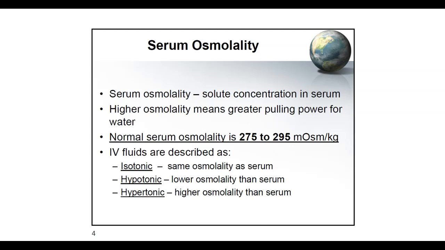So when we say that a fluid is isotonic, it means that it has the same osmolality as the serum or blood. When we say hypotonic, it means that its serum osmolality is lower than blood or serum. And lastly, whenever we say that a certain fluid is hypertonic, it means that it has a higher osmolality than serum or blood.